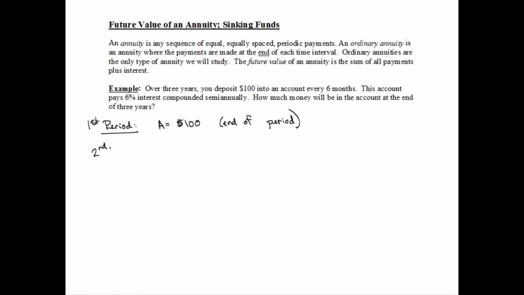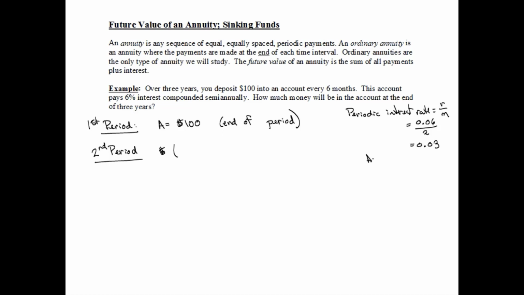Now, at the second compounding period, at the beginning of the compounding period, we have the $100, but it will get multiplied by, let's go off to the side, my periodic interest rate, which is equal to R over M. So 0.06 divided by 2, which is 0.03.